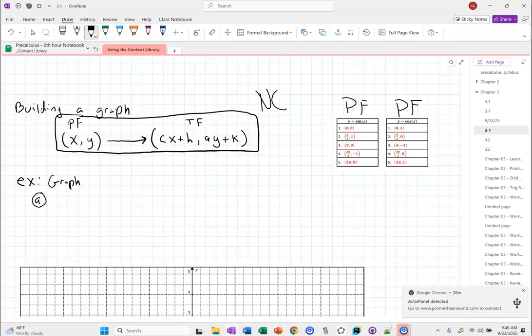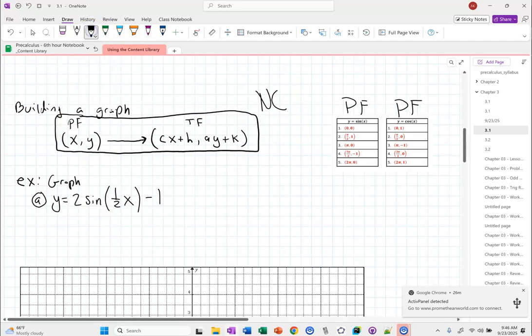So let's start with this guy as our first example. We're going to graph y equals 2 sine of 1/2 x minus 1.